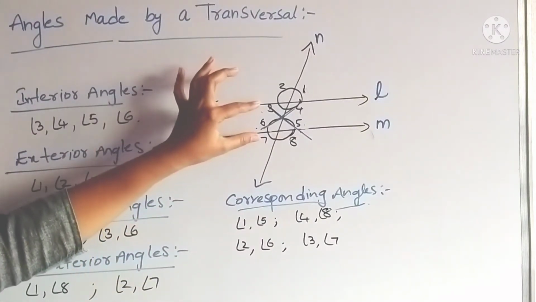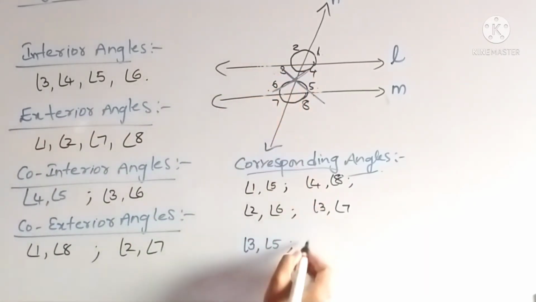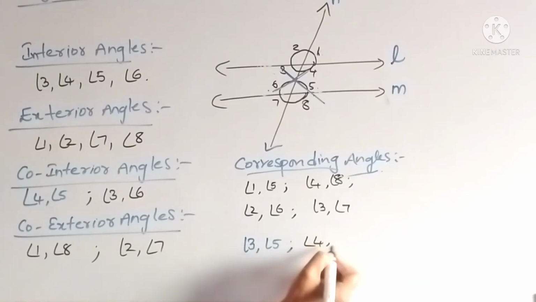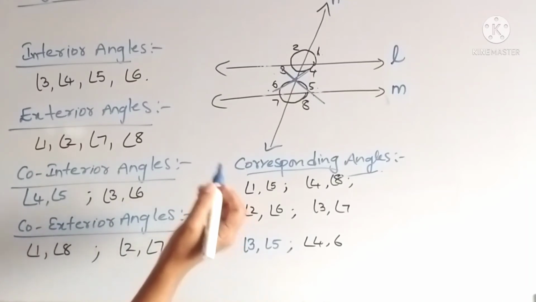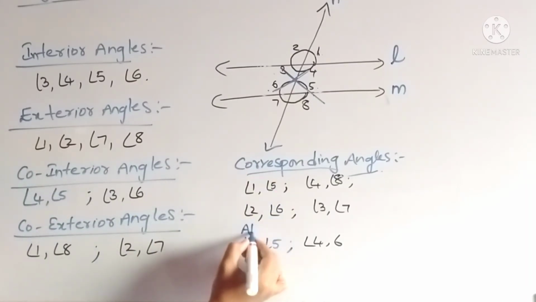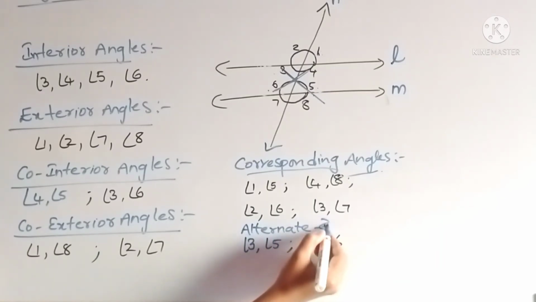Here they both are interior. So these two are interior and lie on either side of the transversal. So the angles which are like this are called alternate interior angles.